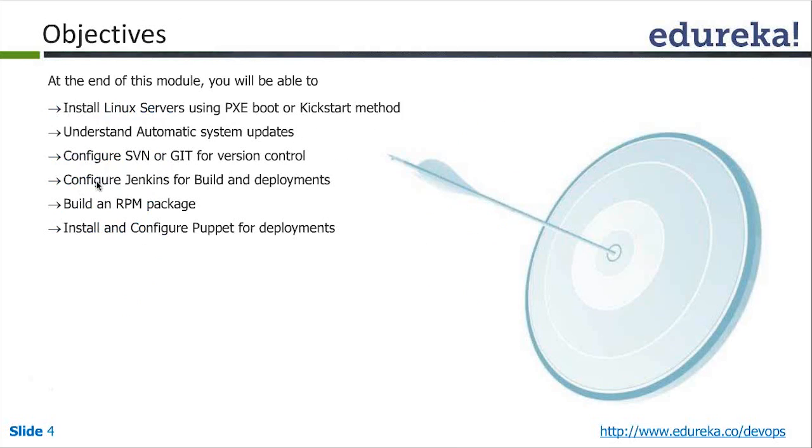Then we learn about Jenkins, and we also learn how to create a small package which can then be utilized for installation. And we also learn about configuration management, that is, with Puppet.